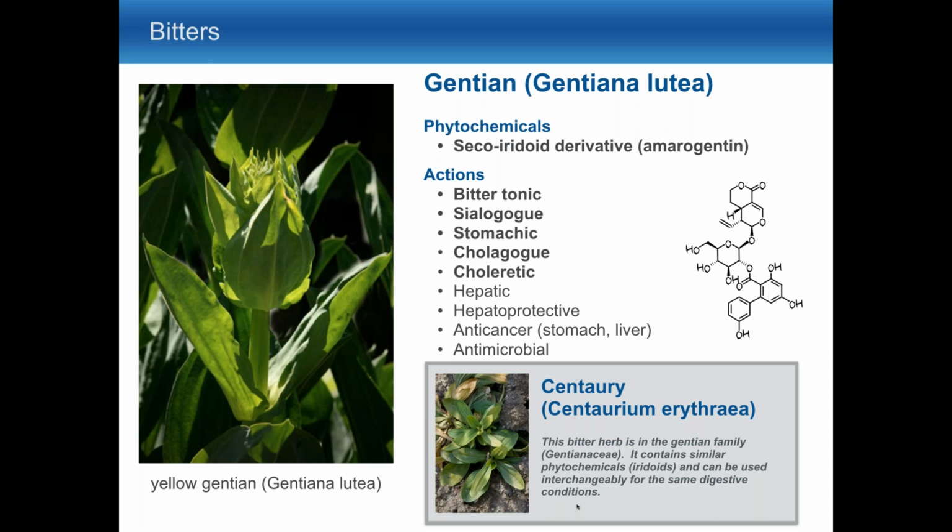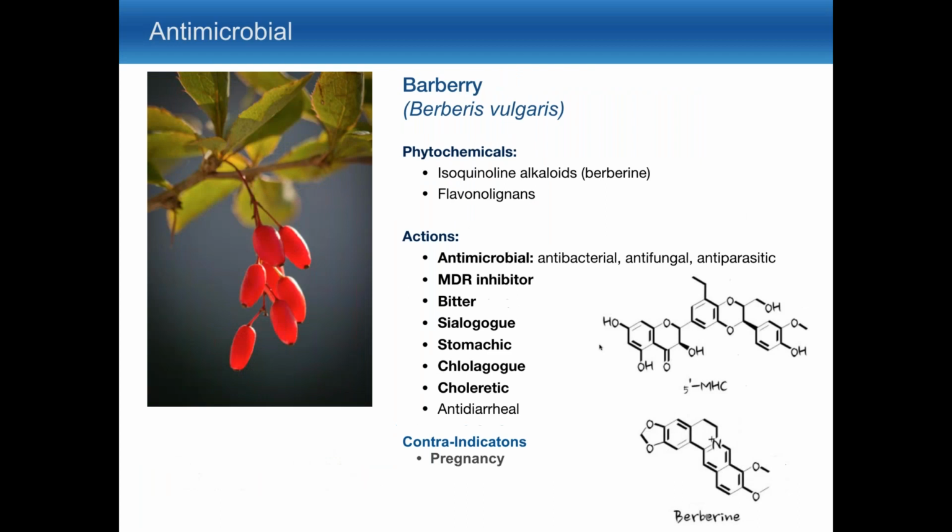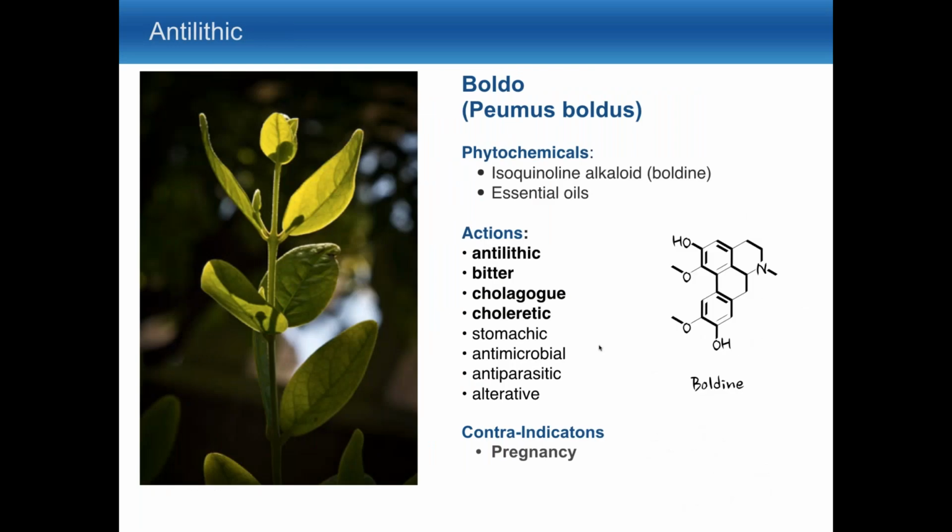And most bitter things are usually antimicrobial, but you wouldn't necessarily guarantee that. But with a digestive bitter, you're going to get all those sialagogue, stomachic, cholagogue, choleretic, and even a mild laxative effect. And because it increases bile flow, it's going to have an antilithic effect. So I would say gentian, golden seal, barberry, and boldo all have antilithic effects.